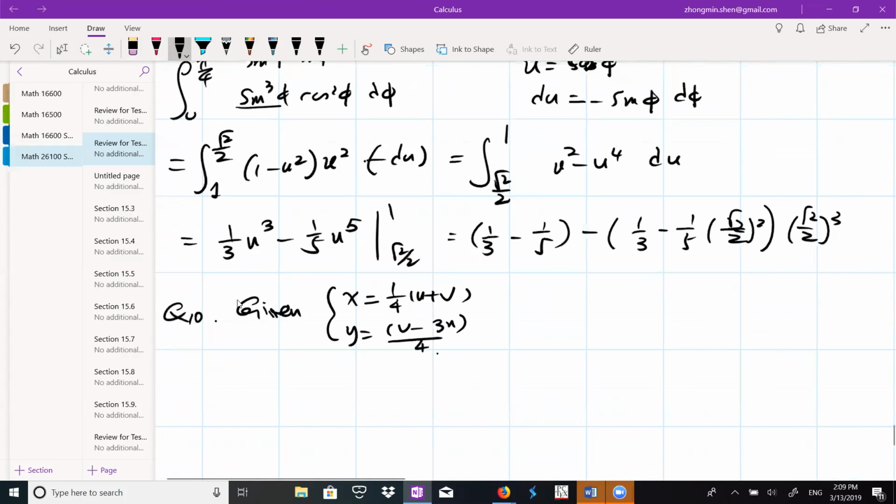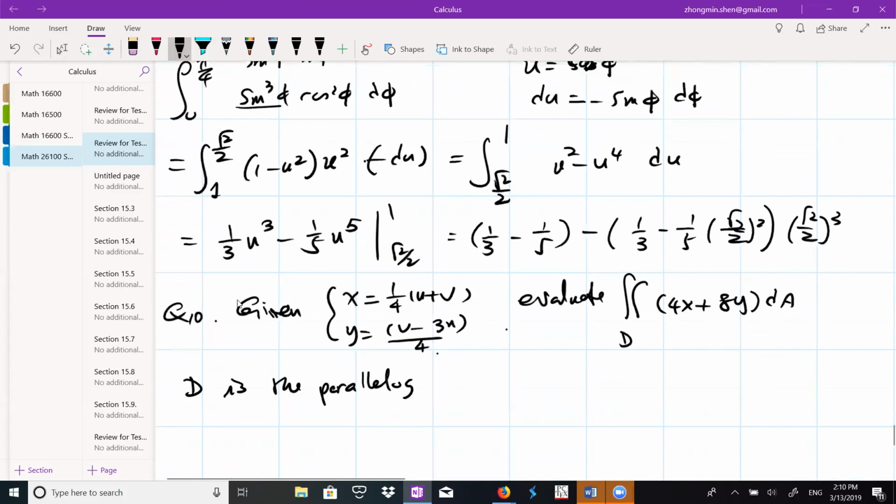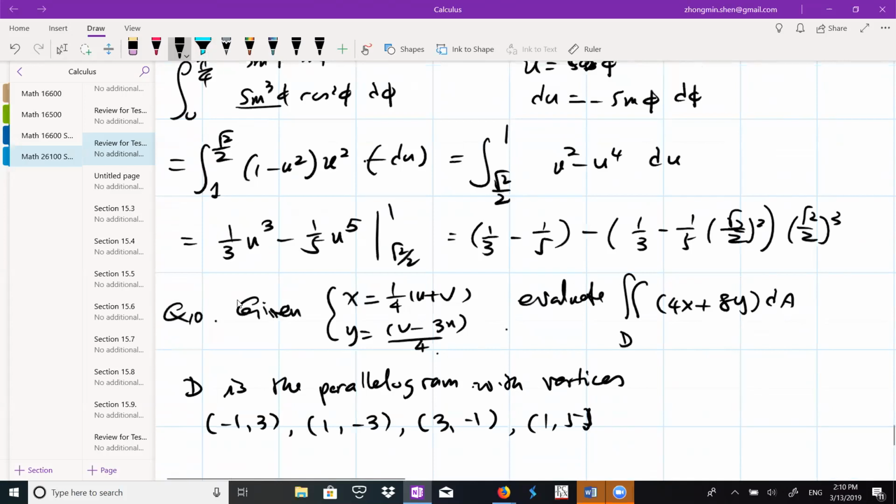Given that, evaluate this double integral of 4x plus 8y dA, where D is the parallelogram with vertices (-1, 3), (1, -3), (3, -1), and (1, 5).